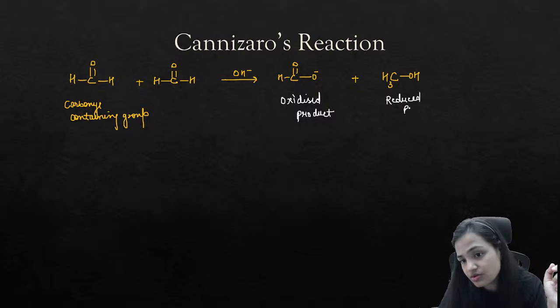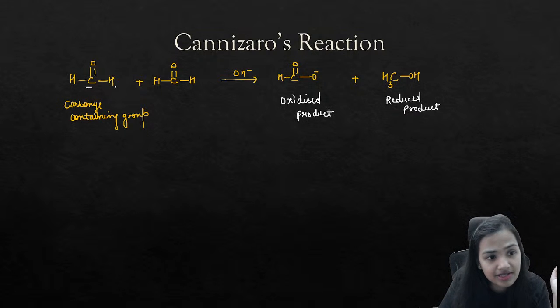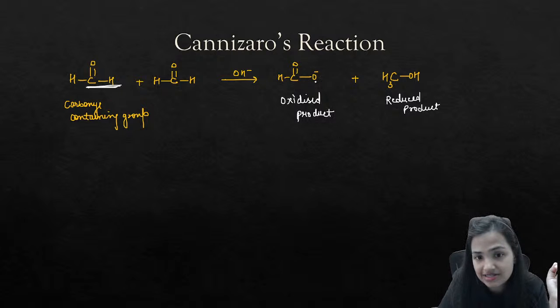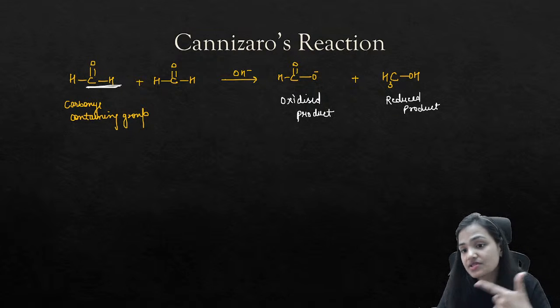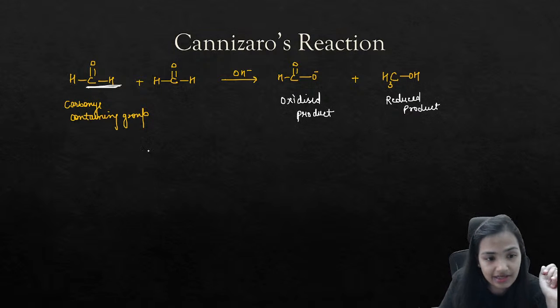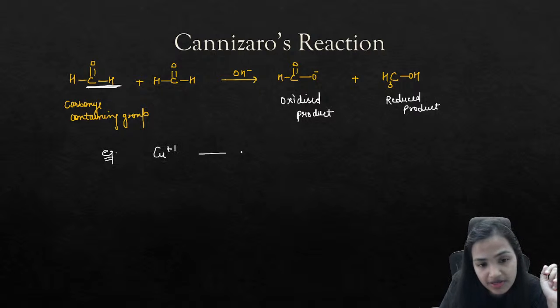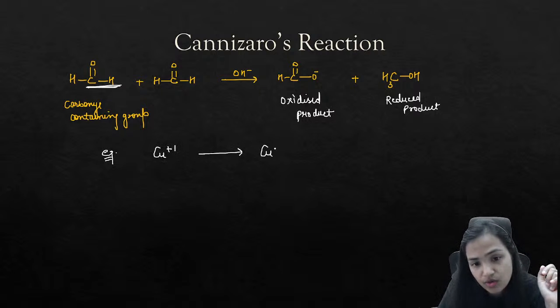If I ask you to please focus on the functional group, this is the aldehydic functional group. Here the aldehydic group is getting oxidized, you get the oxidized product, which is the acid, and here you get the alcohol, which is the reduced product. Just like if I give you an example, here I have copper plus 1. Copper plus 1 can give you copper plus 2 plus copper.